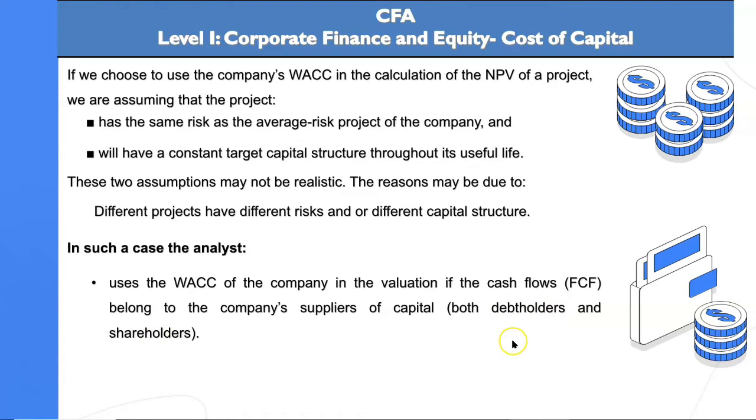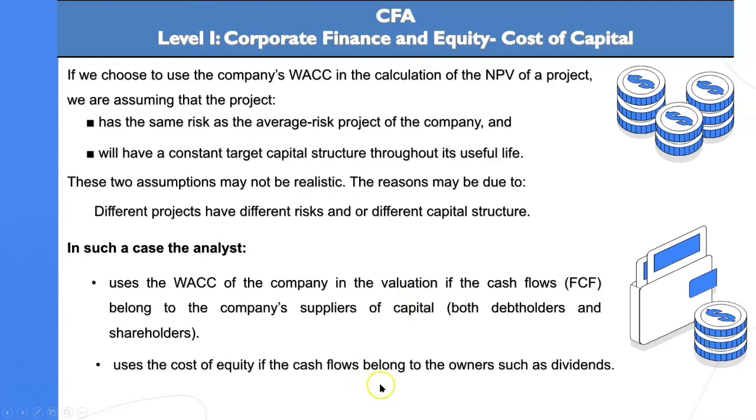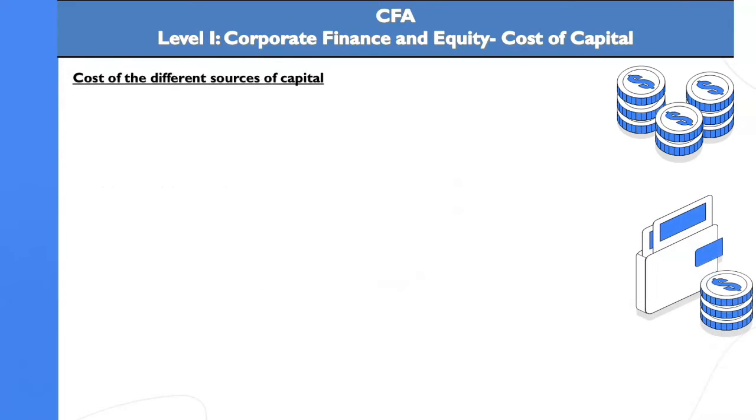For example, if you issue new shares, that is equity, to finance the new project, the analyst must use the cost of equity. The cost of equity applies if the cash flow belongs to the owner, such as dividend. So if the owners of the company provide the money, no debt, then you use that in the discount factor.